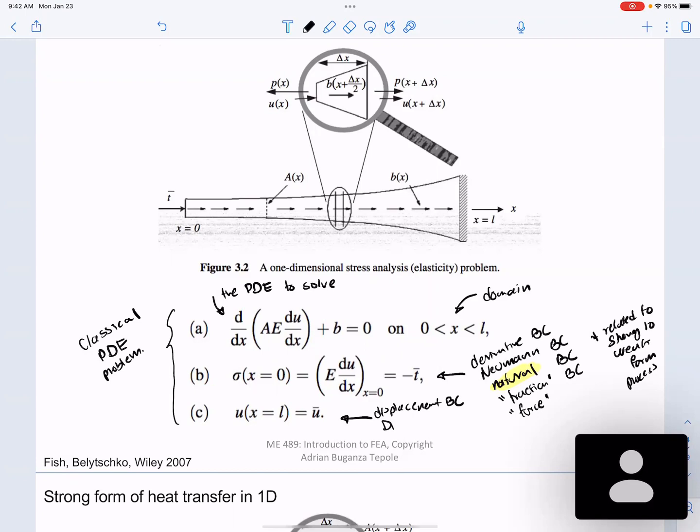This is also called Dirichlet boundary condition, again, some person. I don't even know how to spell it, but I know it's pronounced Dirichlet. So Dirichlet boundary condition, displacement boundary condition. You can see that it's a boundary condition on the value of the function rather than the derivative.